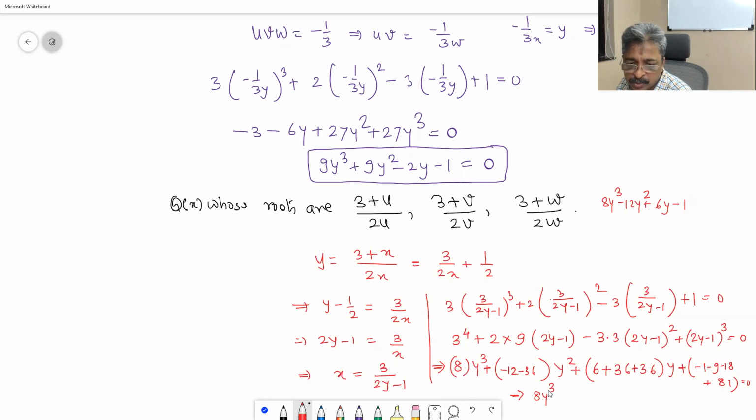8y cube minus 48y square plus 72 and 6, 78y, plus this is 9 plus 1 10, so 28 is to be removed from 81, minus 28 and now the 53.